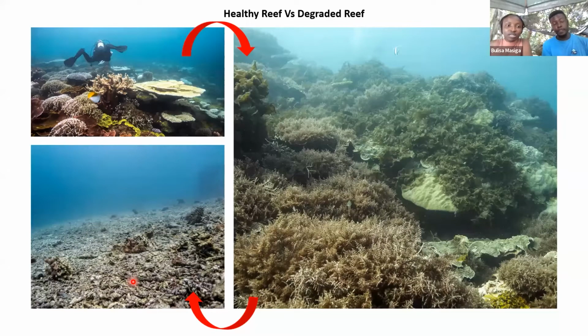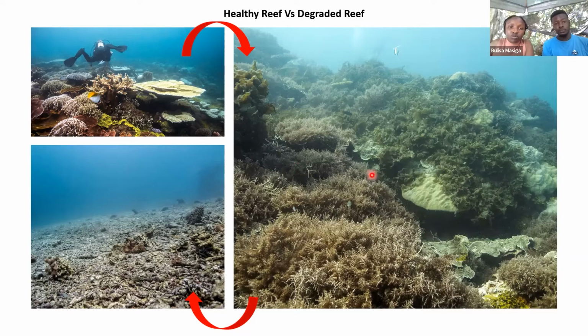It's no longer being used, but our area is characterized by rubble. It doesn't have the hard substrate that's needed for the coral to attach itself. So we are trying to assist such an area back to a healthy reef. Because when you talk about a healthy reef, this is a reef that has a lot of fish, a lot of hard corals, a lot of sponges, and clear water, basically an ecosystem that's healthy for a reef to thrive.